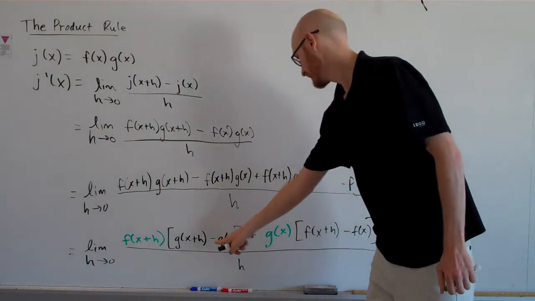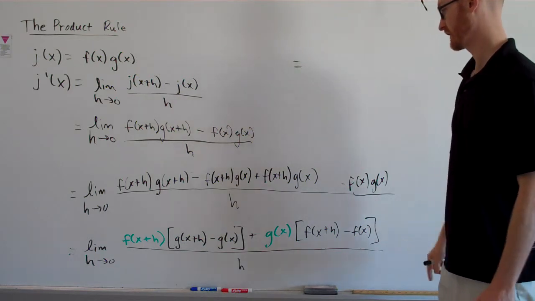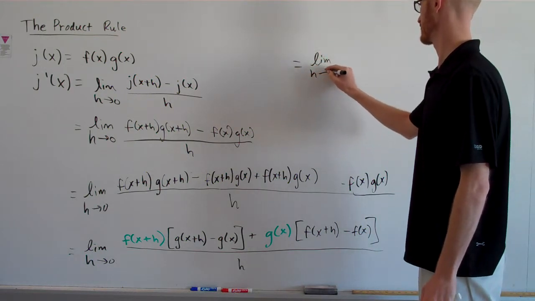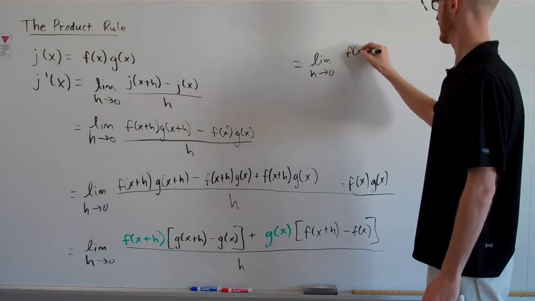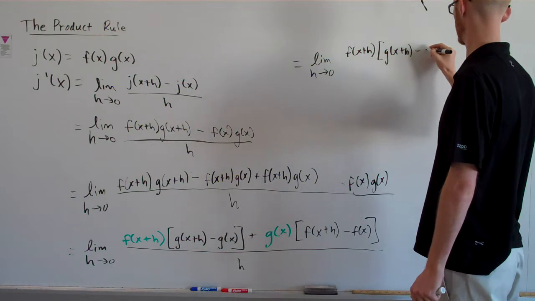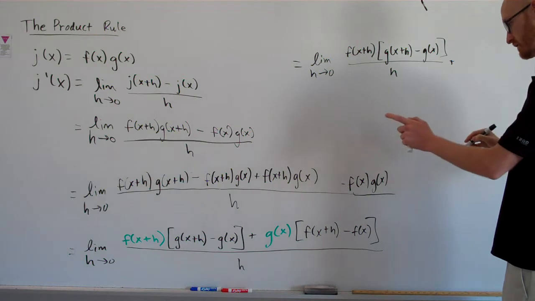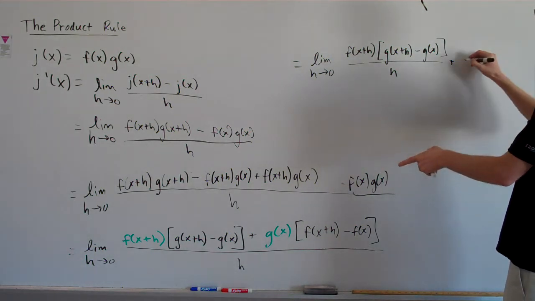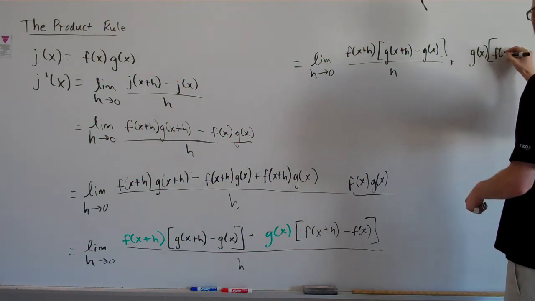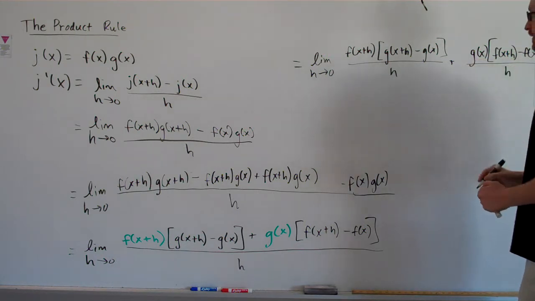Now you can see that this thing, well, if we separate it, let's first separate our two things. We've got plus here, so I'm going to do limit as h approaches 0 of f of x plus h, g of x plus h minus g of x over h plus g of x, f of x plus h minus f of x over h.